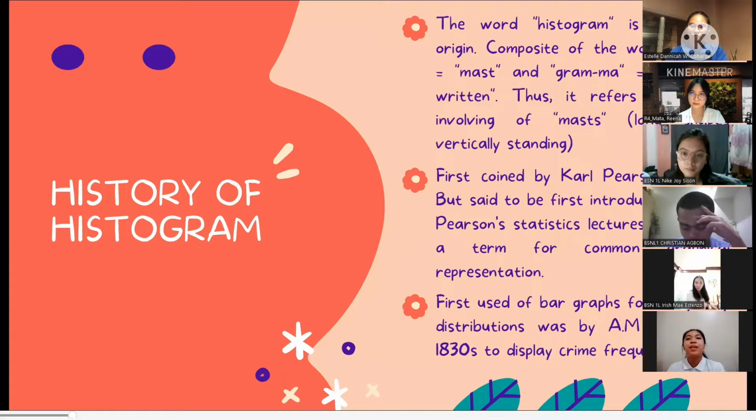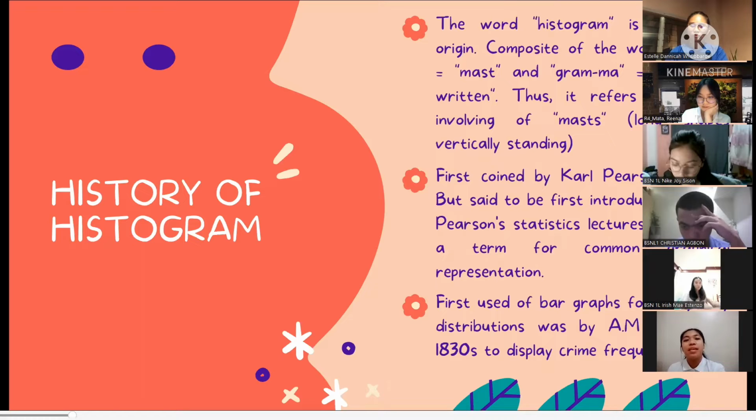Here. So the word histogram is of Greek origin, composed of the words istos, which means mast, and gramma, which means something written. Thus, it refers to writing involving masts. So masts pertain to long shapes standing vertically. This was first coined by Karl Pearson in 1895.